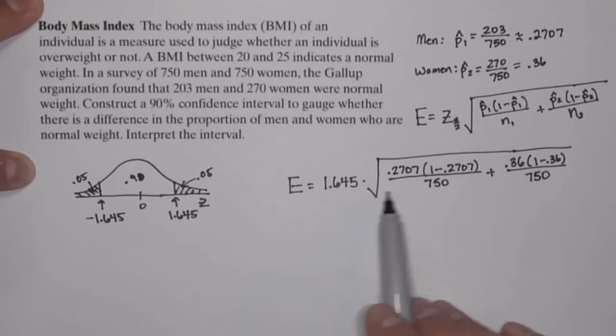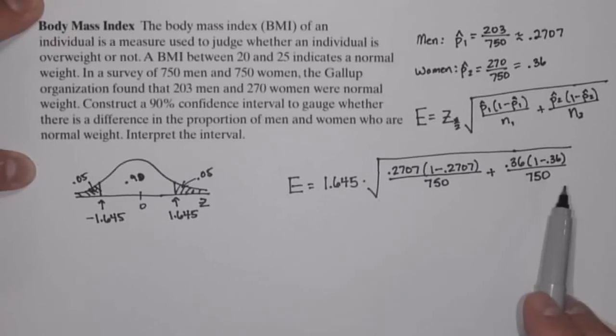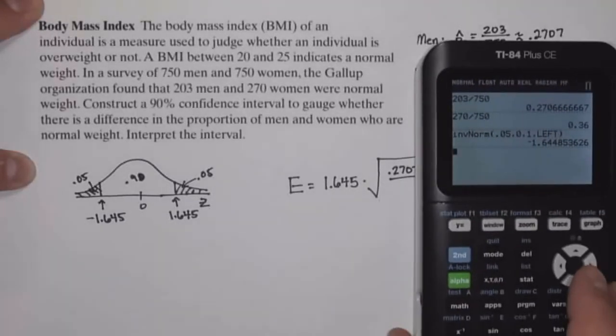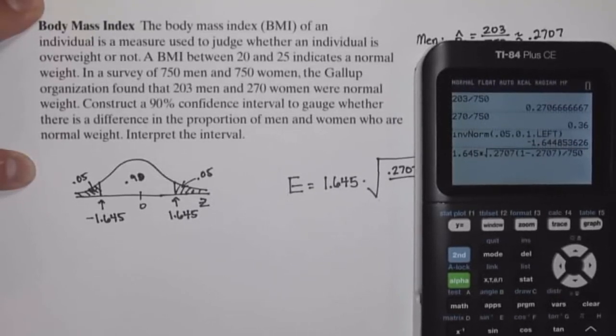So if I type this into my calculator, that's going to give me the margin of error. So bring in my calculator. I have 1.645 times the square root of 0.2707 times 1 minus 0.2707, close parenthesis, divided by the sample size, which was 750, plus, still underneath that square root, 0.36 times 1 minus 0.36 divided by the sample size, which was also 750, and that's it.